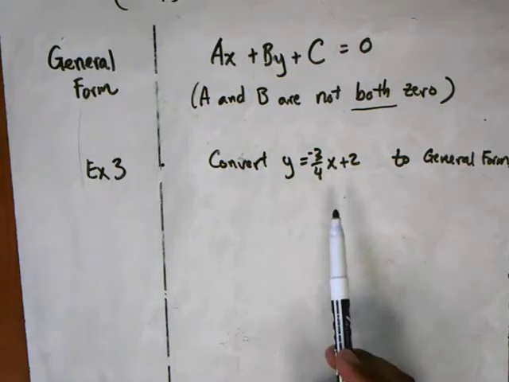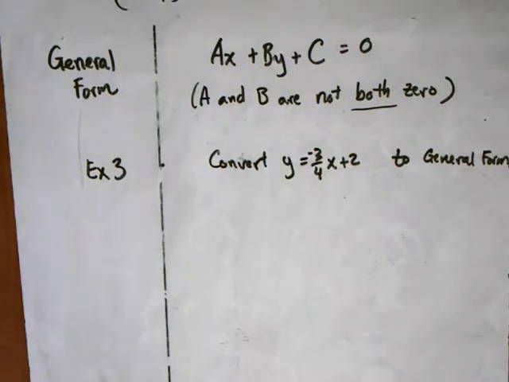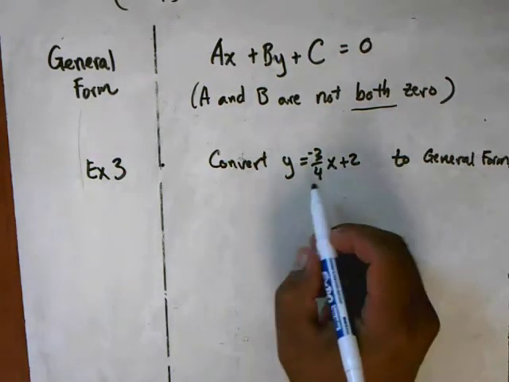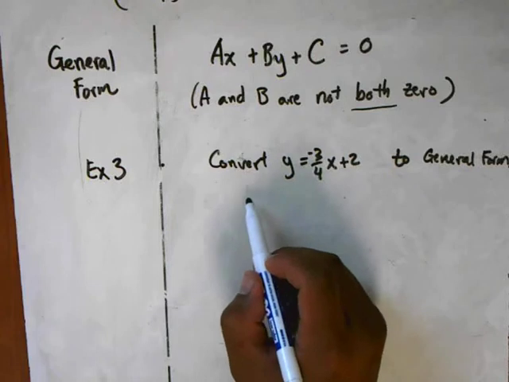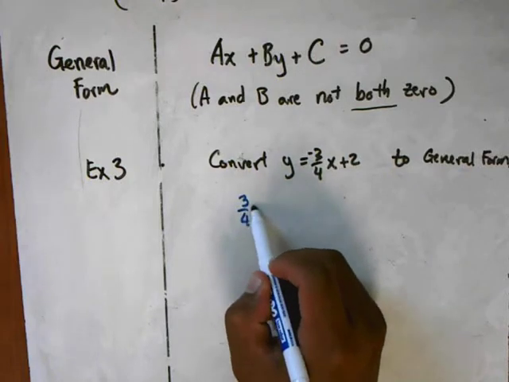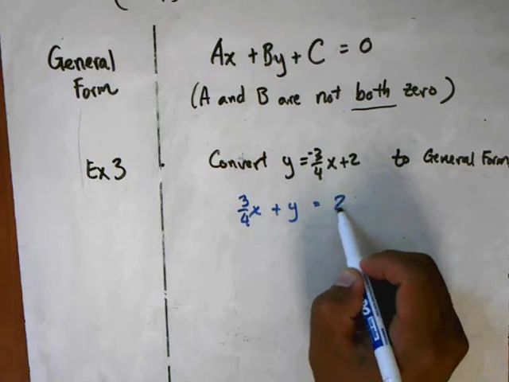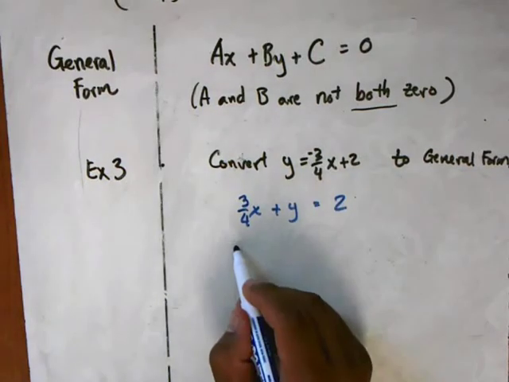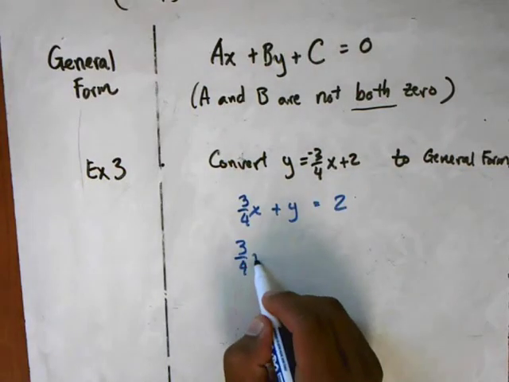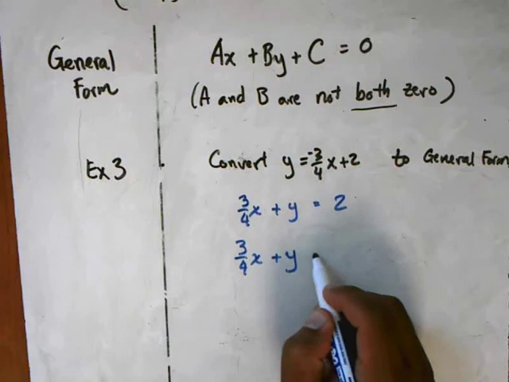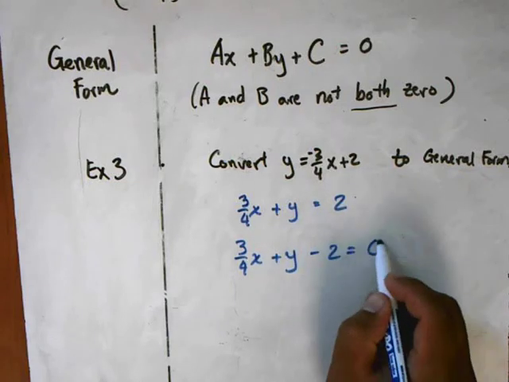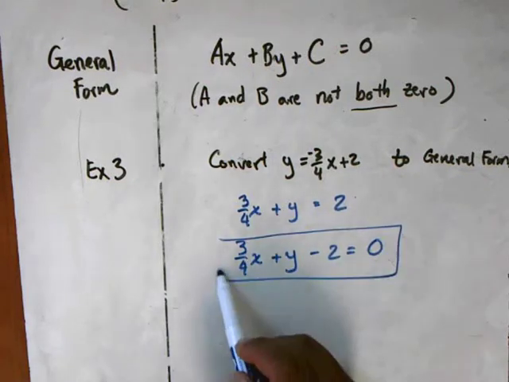We basically just need to rearrange it so it looks like this format. So I'm going to move -3/4 x here to the left side, so add 3/4 x to both sides, and you get 3/4 x plus y equals 2, and then move 2 to the left side as well, 3/4 x plus y minus 2 equals 0. And this is general form.